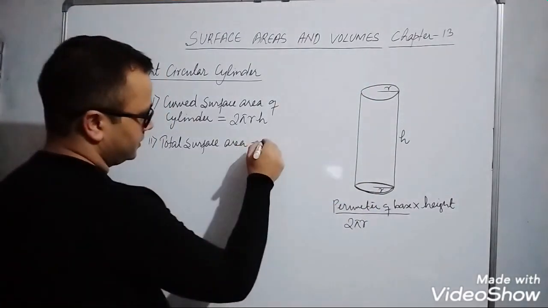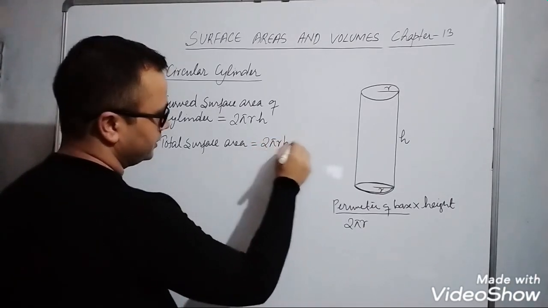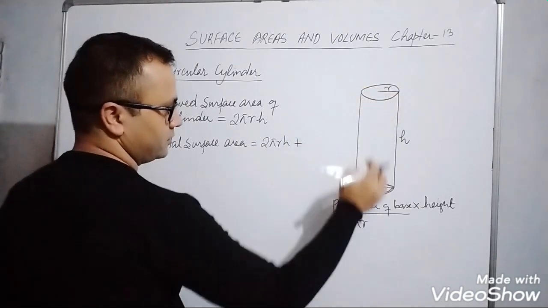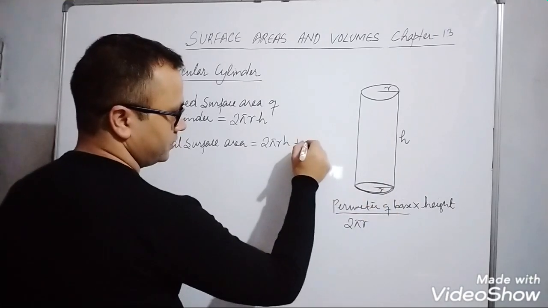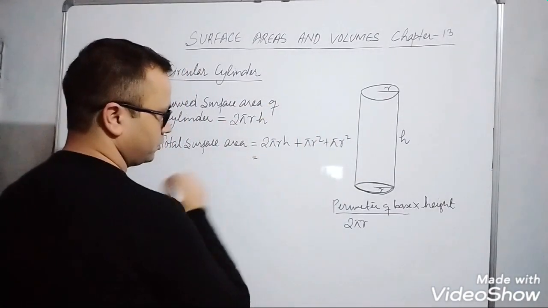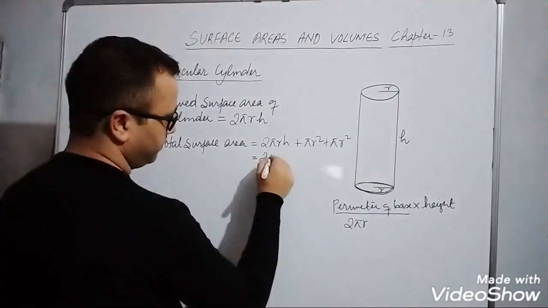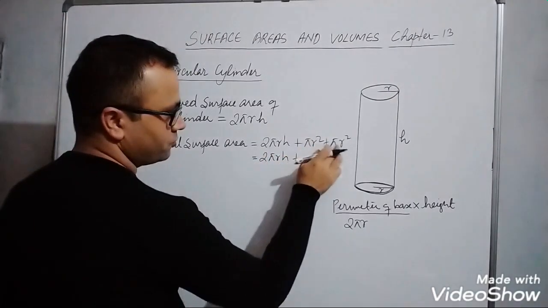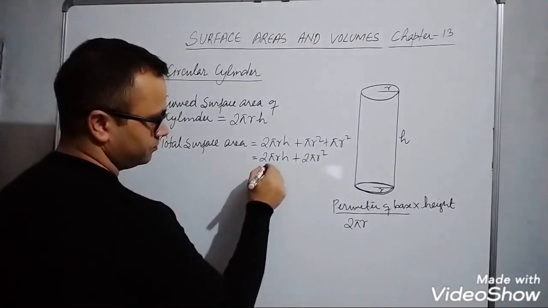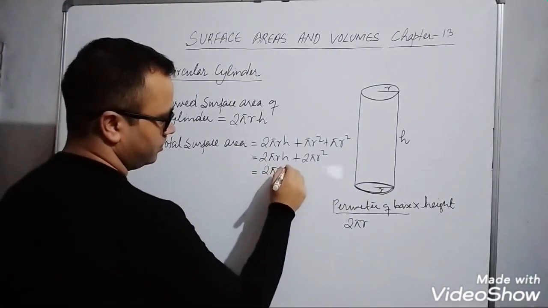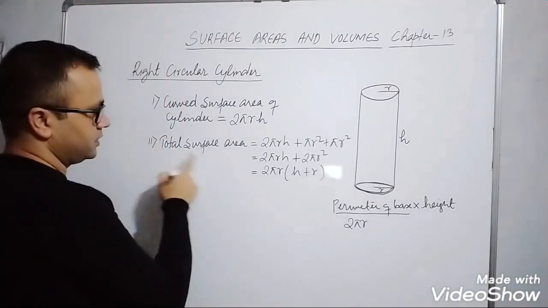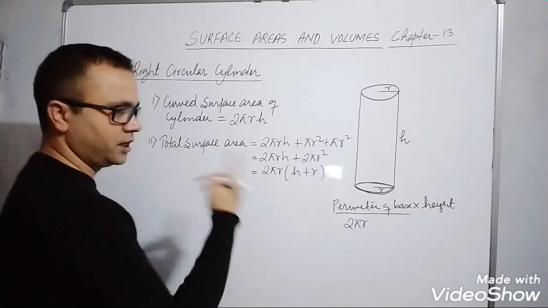So 2 pi rh is only the curved part, plus the area of the upper base, pi r square, and the area of the lower base, also pi r square. So this equals 2 pi rh plus pi r square plus pi r square, which is 2 pi r square. Now we can take 2 pi r common, and h plus r is left inside the bracket. So the total surface area of a cylinder is 2 pi r (h plus r).